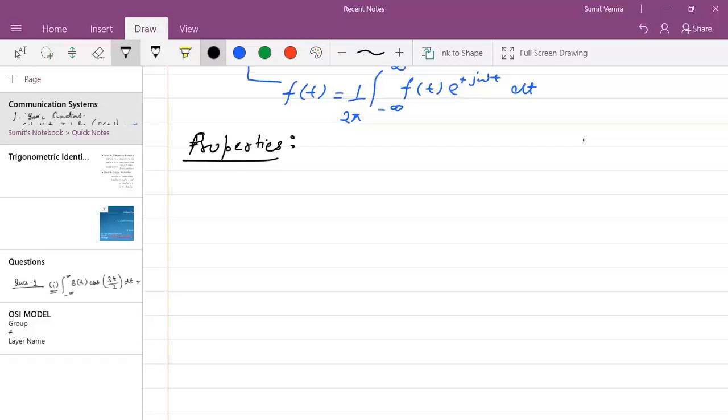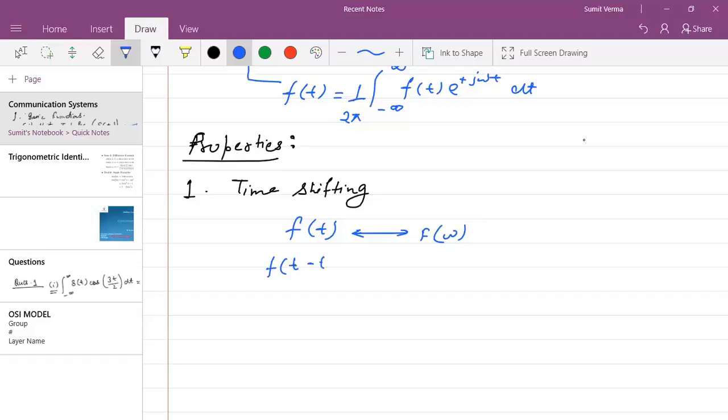The first property we will see is time shifting. The time shifting property states that if you have a function f(t) whose Fourier transform is defined as F(omega), then the Fourier transform of f(t minus t naught) would be defined as F(omega) into e to the power minus j omega t naught.